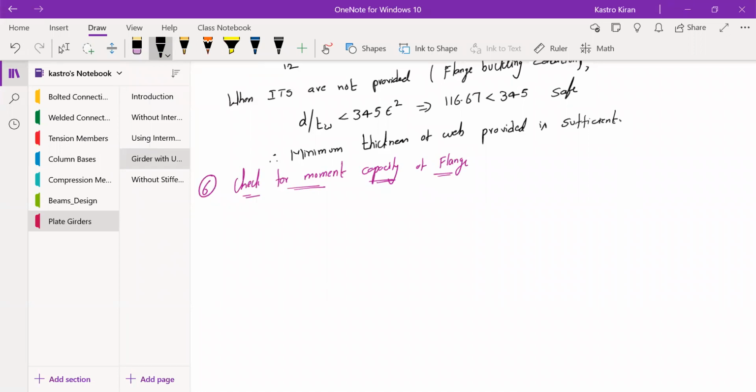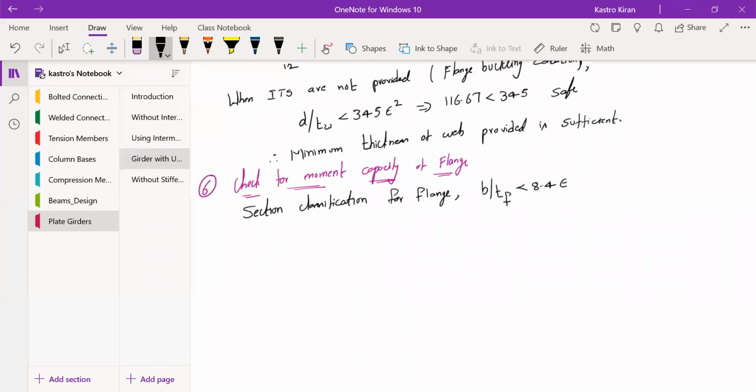Before solving this one, you have to do the section classification for flange. So how do you do this? B by TF should be less than 8.4 epsilon.